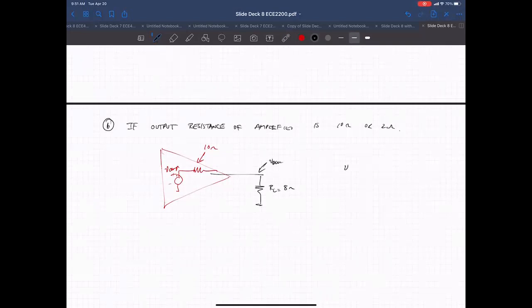Okay, so in this case, the output signal is also a resistive divider. It ends up being 8 ohm over 10 ohm plus 8 ohm times the amp voltage. And this ends up being 0.44 V amp. So this is even worse than the input resistance.